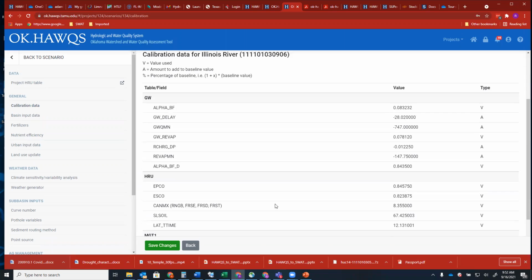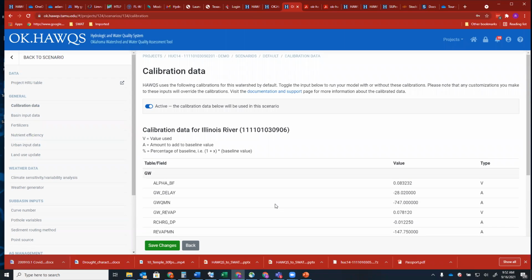If the watershed that you selected was not calibrated, you will not see this; it will say no parameter exists. Even if you had the model calibrated, you could come back and say, no, I don't want this to be calibrated. I want the raw data in order to do other analysis. You don't want to use the calibrated parameters. Then you can simply deactivate it.